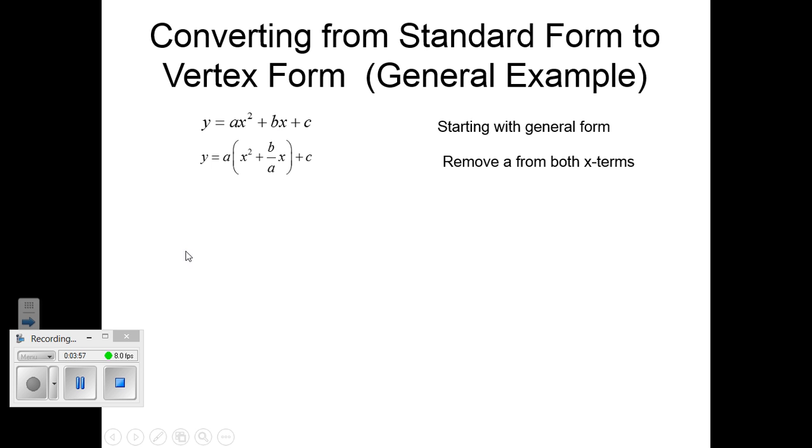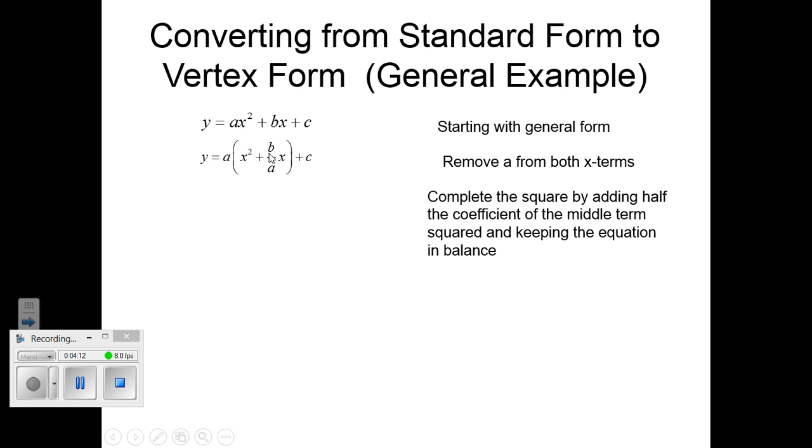Now we have to complete the square. It would be half of the x coefficient, which would be half of b over a, which would be b over 2a. It needs to be squared: half of the middle coefficient squared, trying to keep the balance.